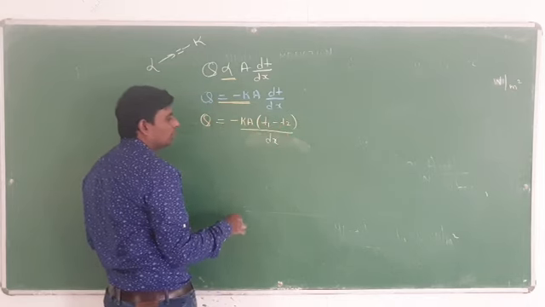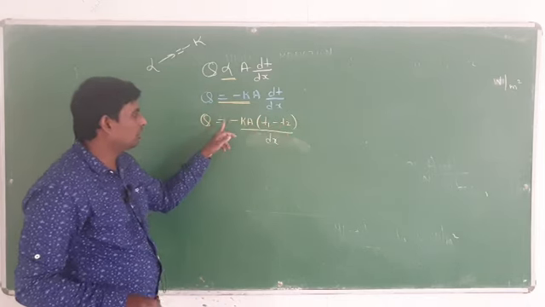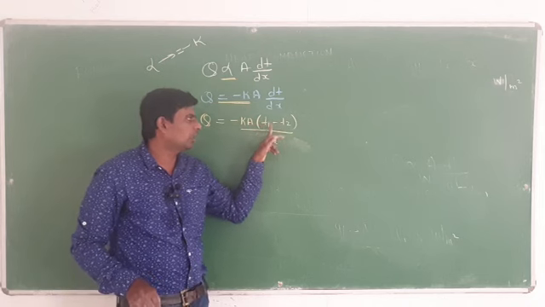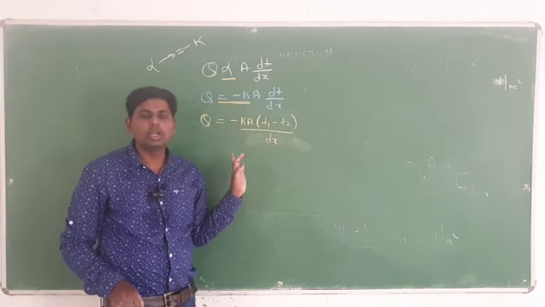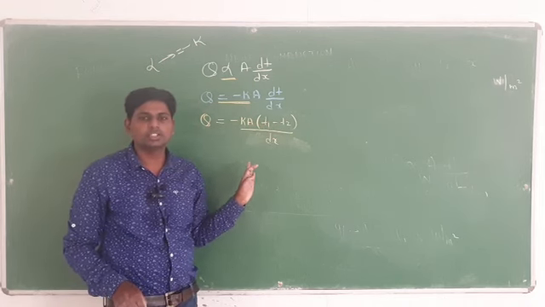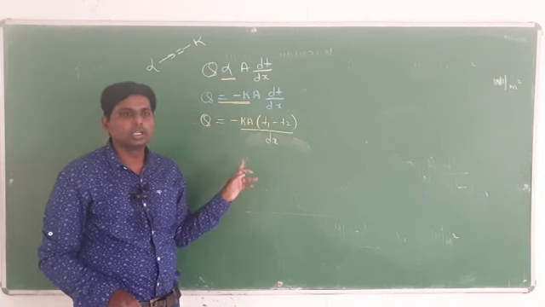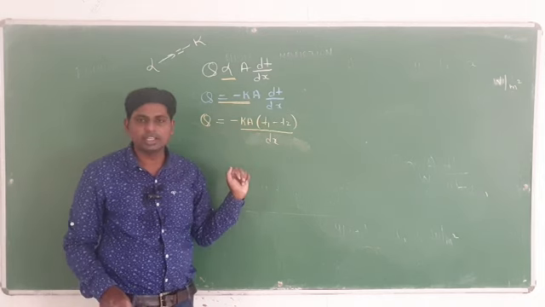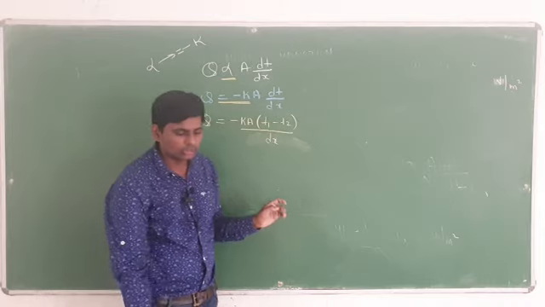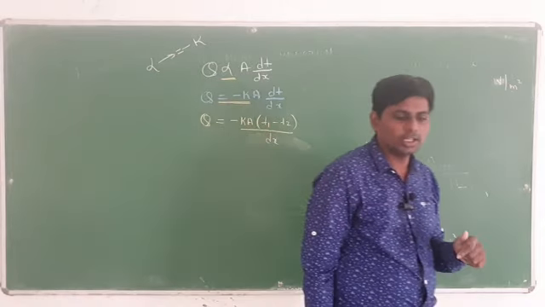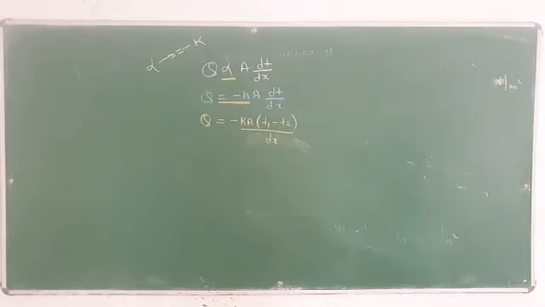So, Q is equal to minus K A T1 minus T2 by dx, the rate of heat transfer.